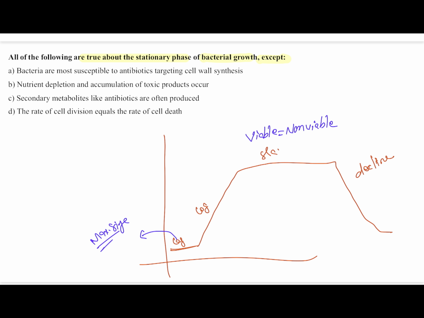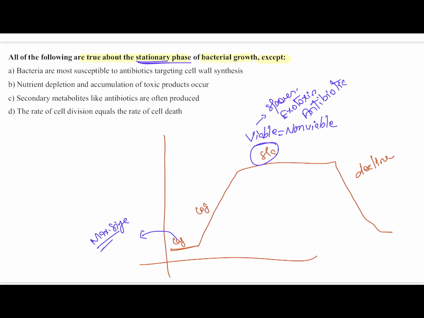In this phase bacteria are producing spores, exotoxins, antibiotics, and also bacteriocin. These are all features you will see in the stationary phase. Decline phase means cell death is occurring, and that's why there are fewer viable bacteria compared to non-viable bacteria. So these are the bacterial growth curve phases.